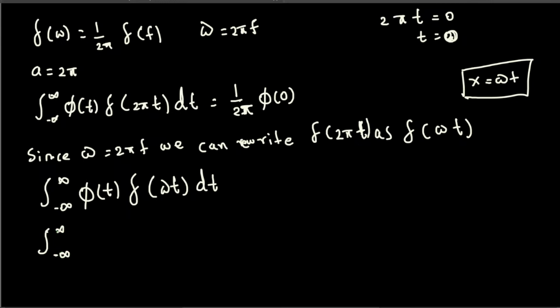Negative infinity to infinity, then φ, instead of t, if we rearrange this, x over omega, that's the one going to come right here. And then delta of omega t, instead of omega t, I put x right here. And if x is equal to omega t, then dt is going to be dx over omega.